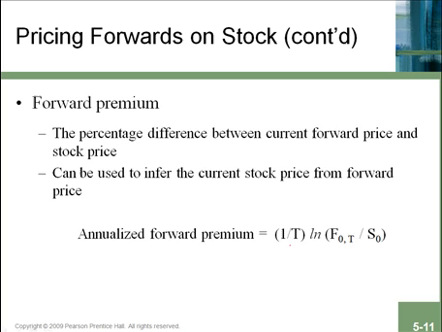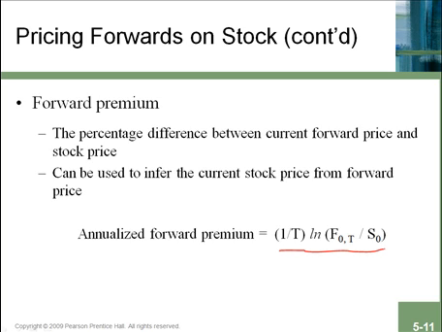Now we can express the forward premium on an annualized basis using this formula. We just take 1 over t times the log of the ratio of the forward price to the spot price. With a scientific calculator, that's a pretty straightforward calculation to do. And if you get a positive answer, then there's a forward premium. If you get a negative number, then that means that there's a forward discount, meaning that the forward price is actually less than the spot price.